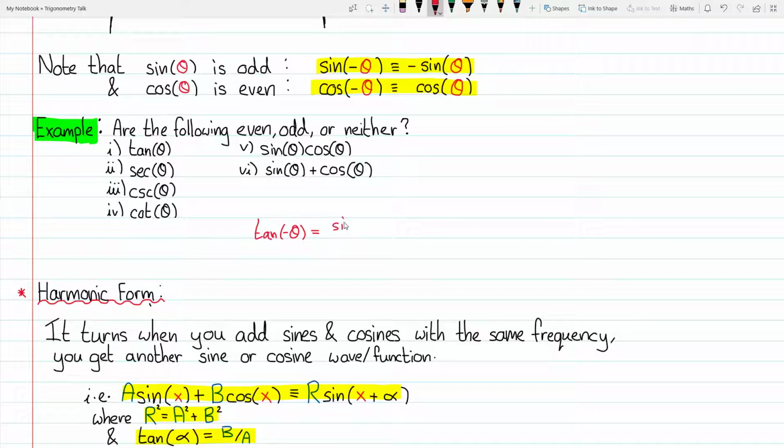Well, this is equal to sine of negative theta divided by cosine of negative theta, because the tangent is just sine over cosine. Well, we know that sine is an odd function, so this gives us minus sine of theta. And we know that cos is an even function, so this gives us just cos of theta. Well, this is precisely minus the tangent. And so what this means is that tangent is an odd function.